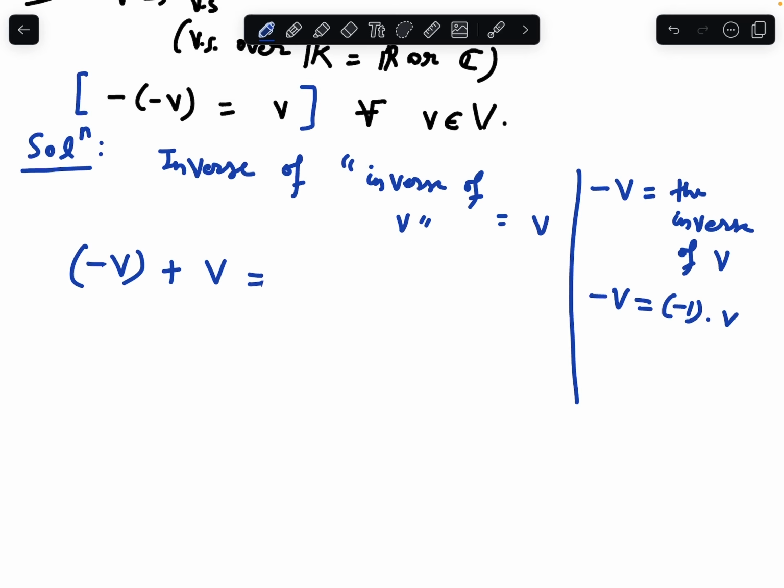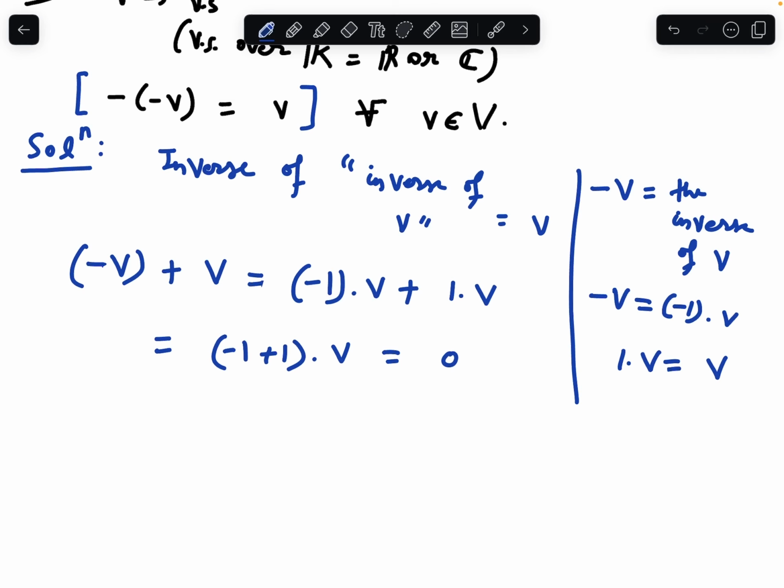So this can be written as minus 1 dot V plus 1 dot V. This is a vector space property that 1 dot V is equal to V, so we have used that here. Now I can use the distribution properties to obtain minus 1 plus 1 dot V, and minus 1 plus 1 is nothing but 0. And 0 dot V is 0, as we saw in the last video.